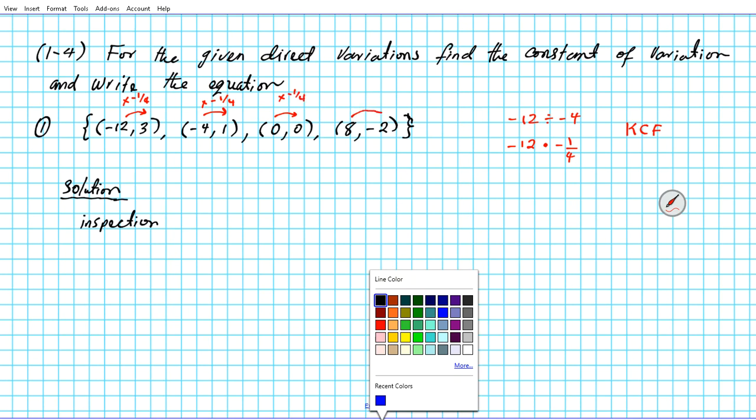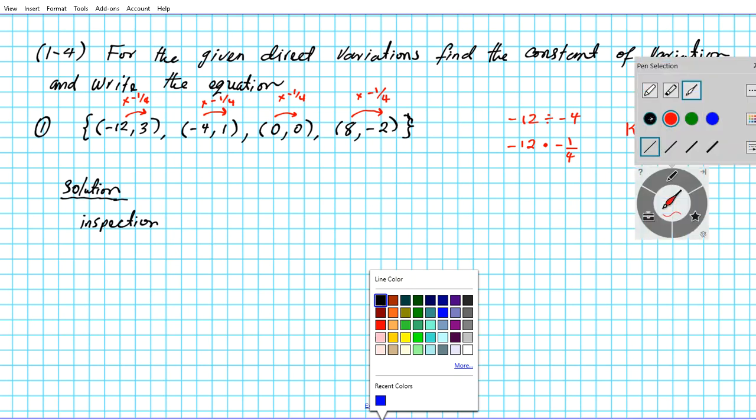And then if you multiply 8 by -1/4, which is equivalent to dividing by -4, you get -2. Okay, so just by inspection alone, we can see that the constant of variation, k, is what? By inspection, we can see that k is -1/4.